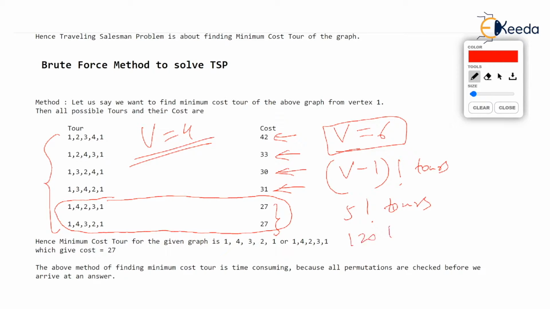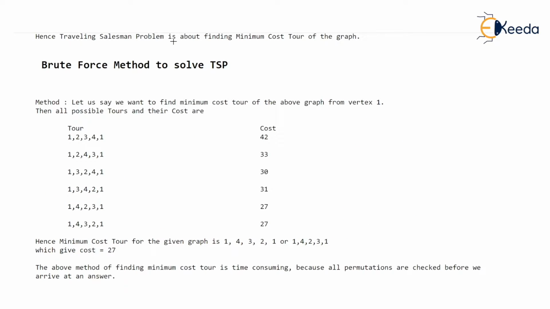And then we will have to list down all those 120 tours, find out their costs and find out the minimum. Now, this is really time consuming. Just with 6 vertices, the problem is becoming next to impossible. For instance, what if we had 1000 vertices, as I was mentioning in the earlier video?